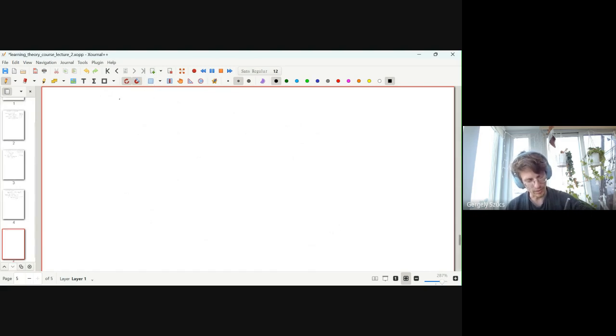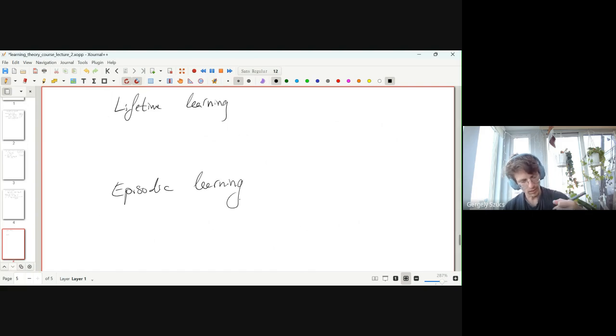We can talk about a distinction between lifetime learning versus episodic learning. Lifetime learning is the setting I've been working in so far, because I think it's notationally just a little simpler.